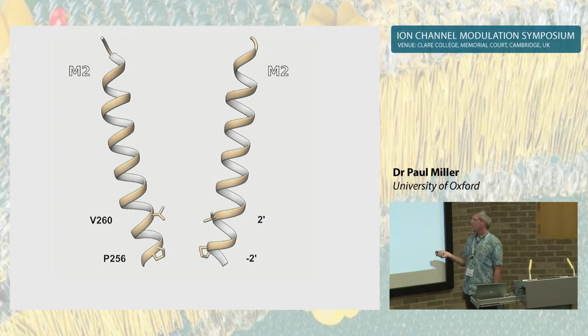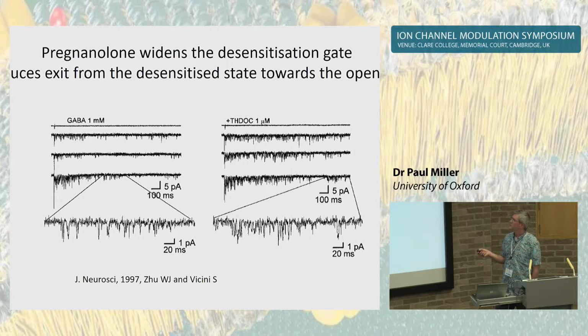So at the moment, this is still a hypothesis. Nevertheless, there has been some data produced a while ago which showed that if you recorded from GABA receptors in patches and applied a maximal dose of GABA, and then looked afterwards at the ability of the GABA receptor to spontaneously flicker and reopen after the exposure to the GABA, in the presence of neurosteroid you got a lot more of this reopening activity.